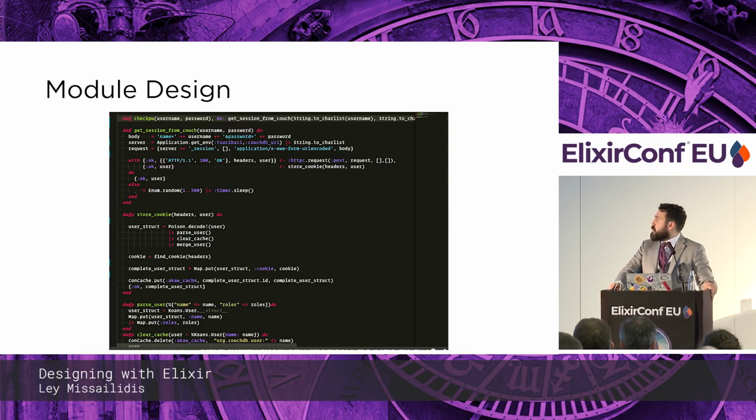Now, the reason I'm using HTTPC, and this is related to module design, is I noticed that many libraries treat deps a little bit like a junk drawer. So in a particular case, our primary HTTP client is Gun, but we only use it when we need to, because we have to shove all HTTP requests through Gun.